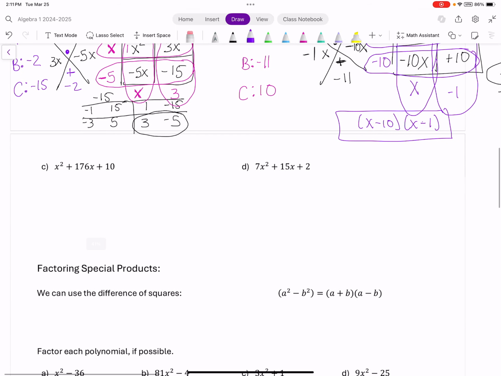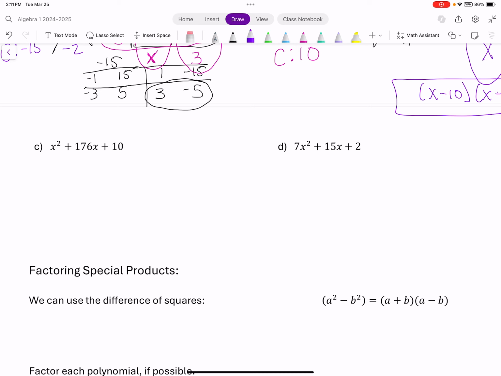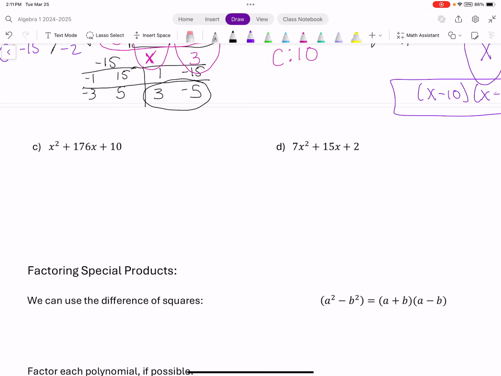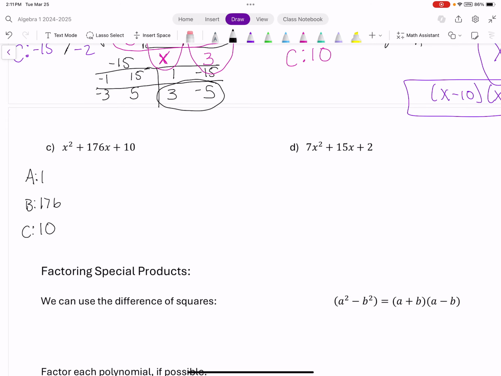All right, let's look at letter C. Here my a is still 1. My b is 176. And my c is 10. So I'm going to go ahead and make my x. I want to multiply to my a times my c. So 1 times 10 is 10.